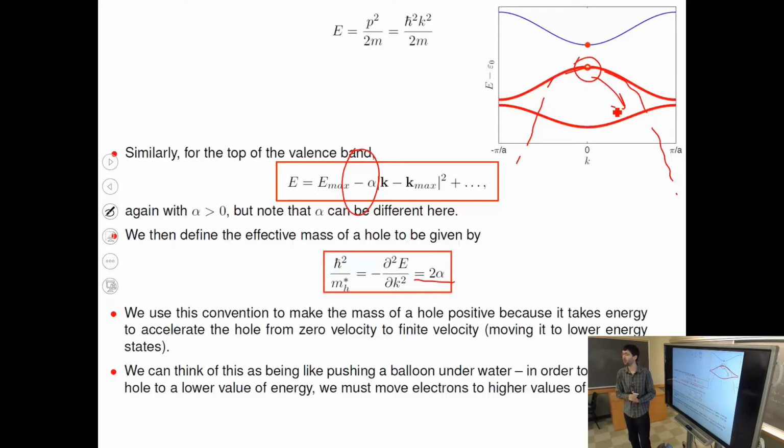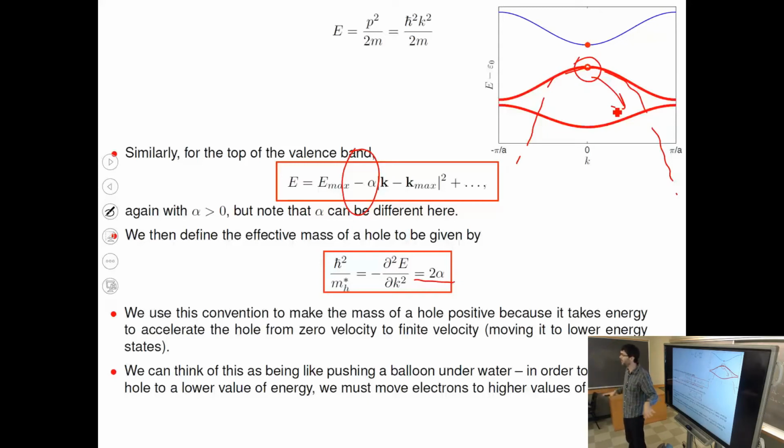And so that hole will have a higher energy. So the lowest energy hole is at the top. And the higher energy holes are away. So the analogy that you can make here is, imagine you putting an empty void, a balloon underwater. Right? When you put balloon underwater, it costs you work to do that, and a balloon wants to come back up. So this is the same thing.